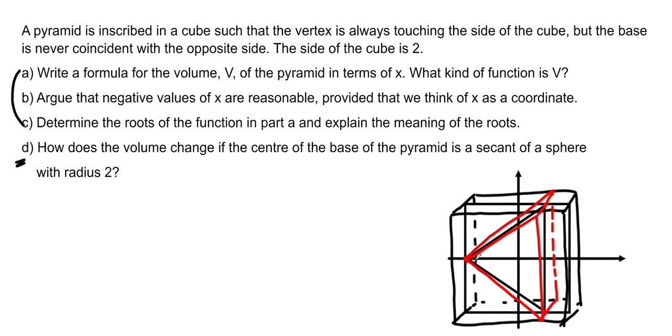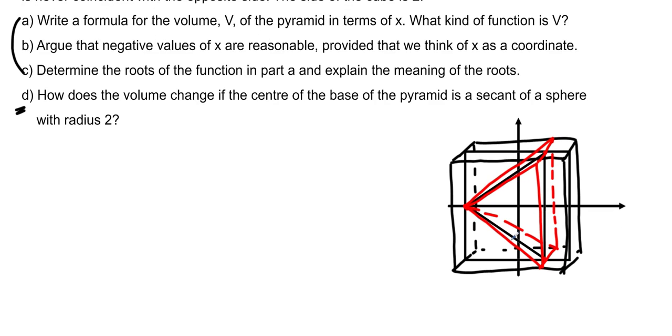So this question, I just wanted to put it in to help you guys think about visualizing these 3D objects. You can see now my pyramid is inside of this cube, hopefully, and I've got this flat piece on the inside. We're going to use the information that we have here to figure out what the volume might be. Let's assume that this is x again, from the origin to the bottom of the pyramid.